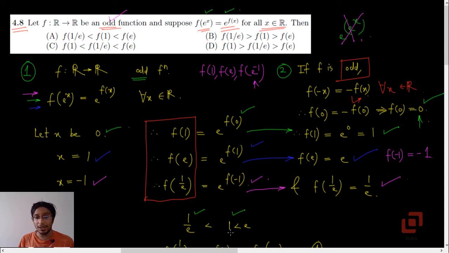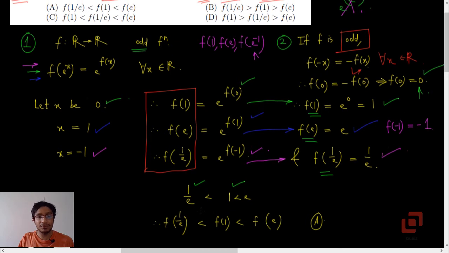But what are 1 upon e, 1 and e? These are nothing but f of 1 upon e, f of 1 and f of e respectively. So f of 1 upon e is less than f of 1 is less than f of e, that is option A.